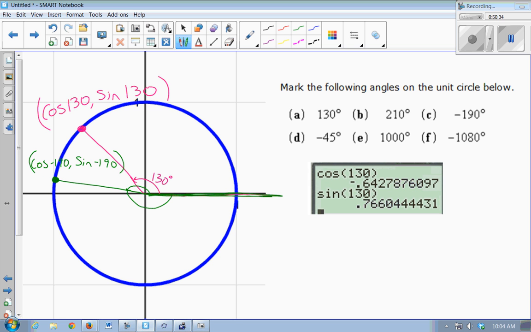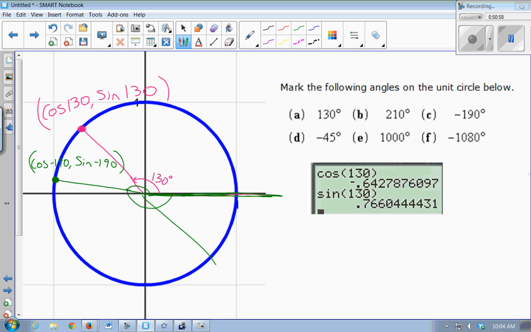Which one is 130 the same as? Maybe 1,000, because it's not 210, and we just did negative 190. Negative 485 is like here. And 1080, I think, is a multiple of 360. So it's got to be the 1,000.